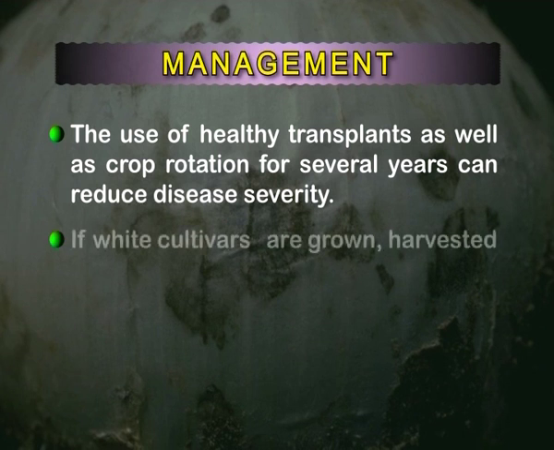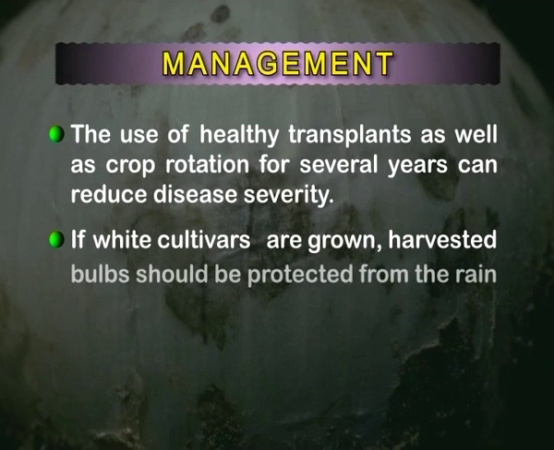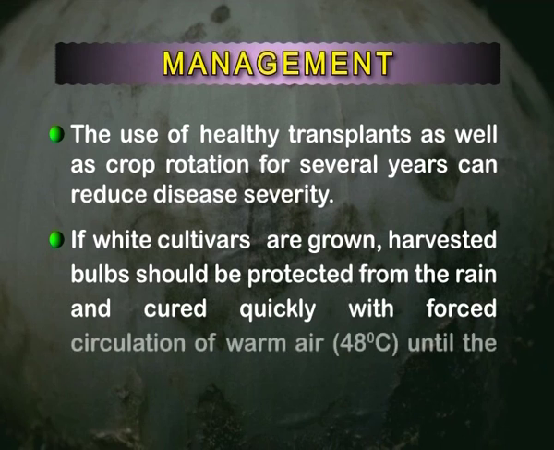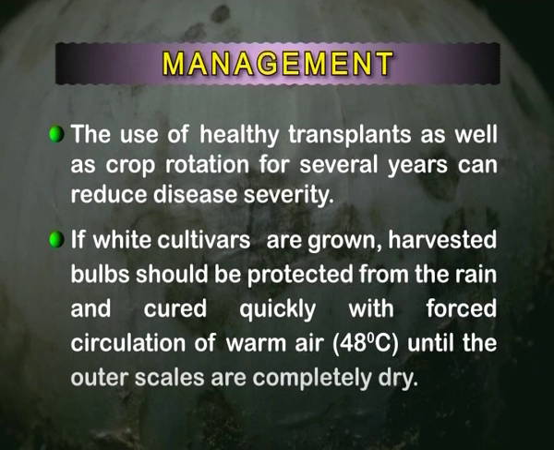If white cultivars are grown, harvested bulbs should be protected from the rain and cured quickly with forced circulation of warm air at 48 degrees centigrade until the outer scales are completely dry.